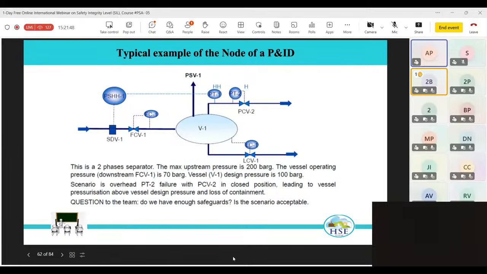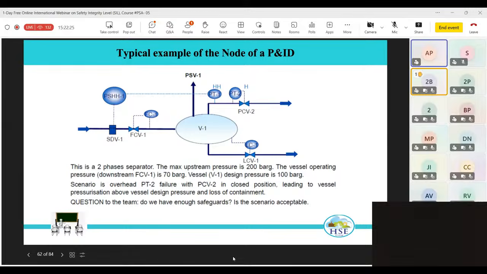The vessel is designed for 70 bar, and the design pressure coming upstream is 100 bar. Because of the failure of PCV2, the pressure inside the V1 vessel will keep on rising, and we do not know here what is the setting of the PSV. Okay, it is not given here, we can make some assumptions, but at this stage we do not know what is the PSV set pressure.